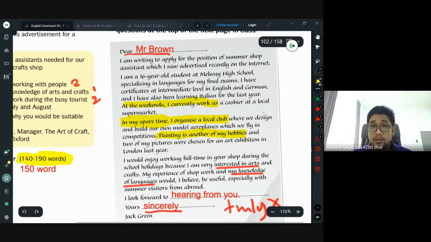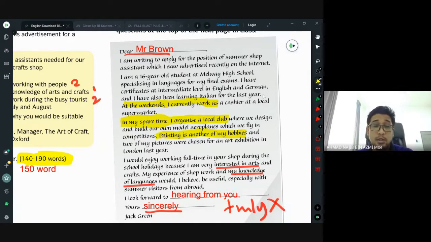surat ni, the entirety of this letter is you writing about who? You're writing about yourself, right? Sebab kamu nak mohon kerja, mestilah kamu cerita tentang diri kamu. So, you might tend to write everything with I. So, I do this, I do that, I have an experience here.